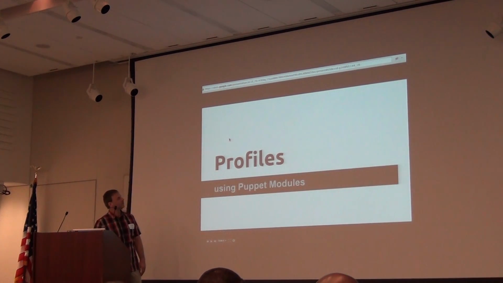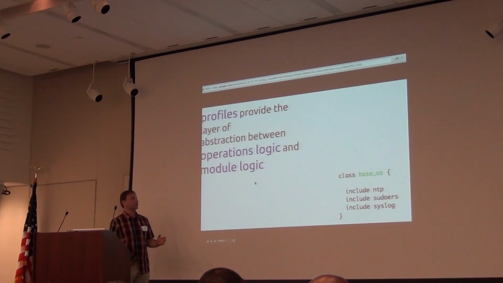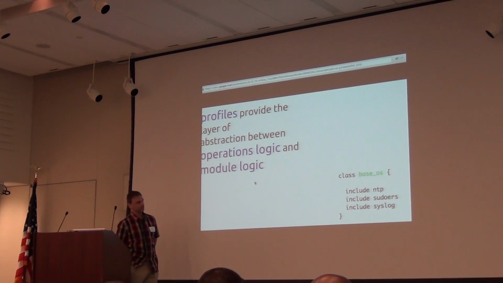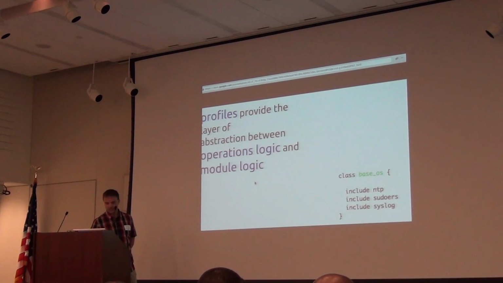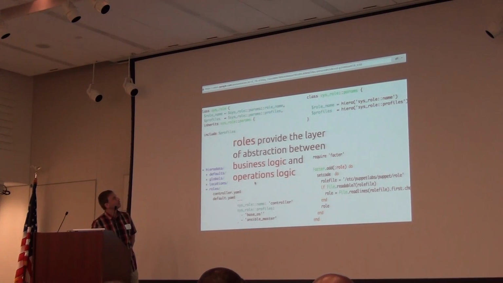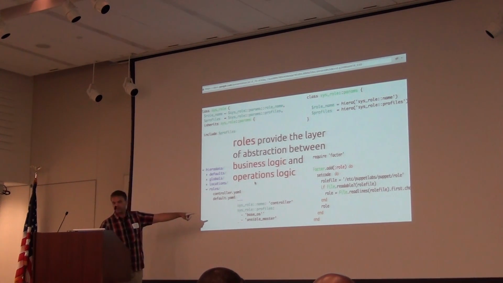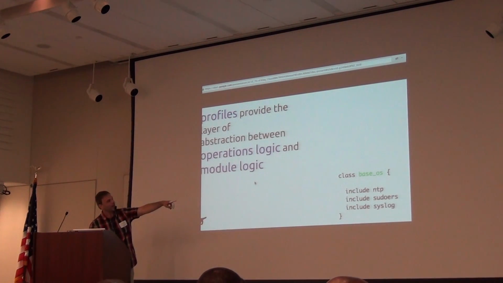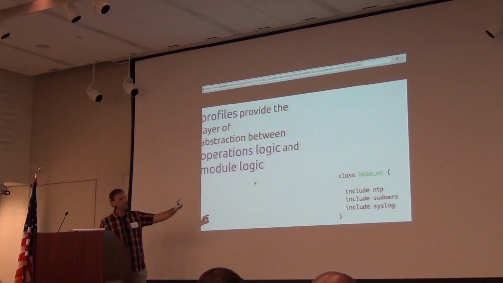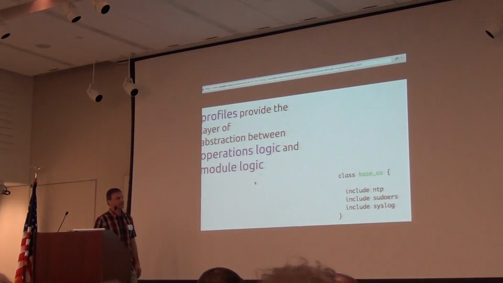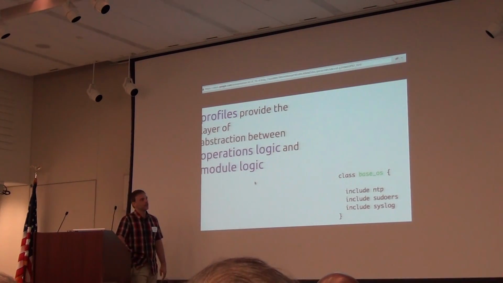All right, and next, profiles. So profiles is an additional layer of abstraction underneath roles. It sits in between roles and modules. And here's an example on the bottom right of the base OS profile, which got included back here. The profile has the actual modules that are going to get applied, the actual classes, if you will, and that'd be NTP.